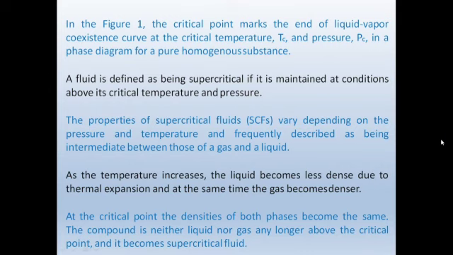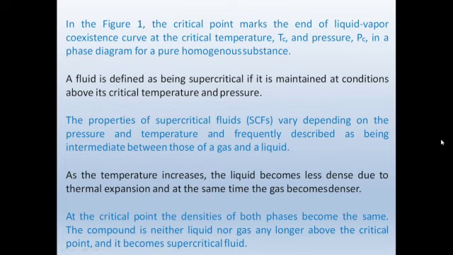This is the explanation of the phase diagram of the previous slide. The critical point marks the end of the liquid-vapor coexistence curve at the critical temperature Tc and pressure Pc in a phase diagram for a pure homogeneous substance, which we have seen in the last slide.